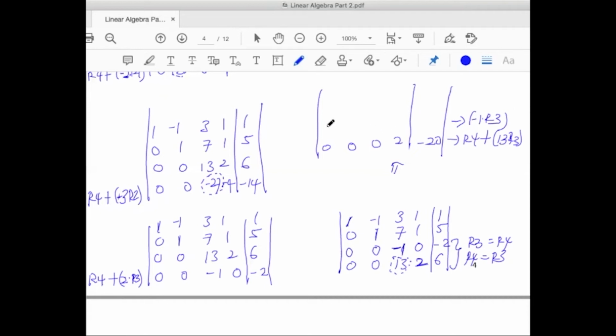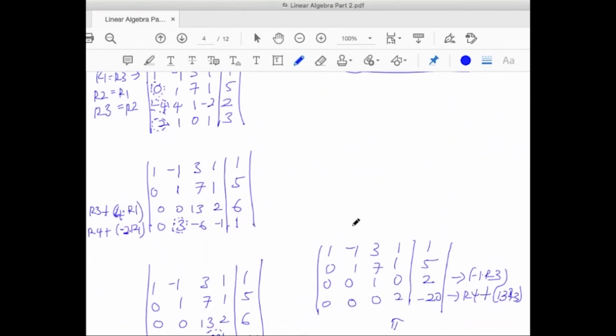So row 3 will become, and for rows 1 and 2, you just write it back. So we have this matrix. You have a REF form, okay?